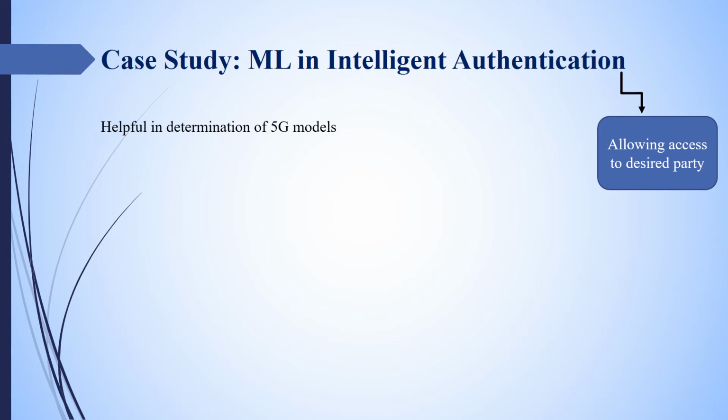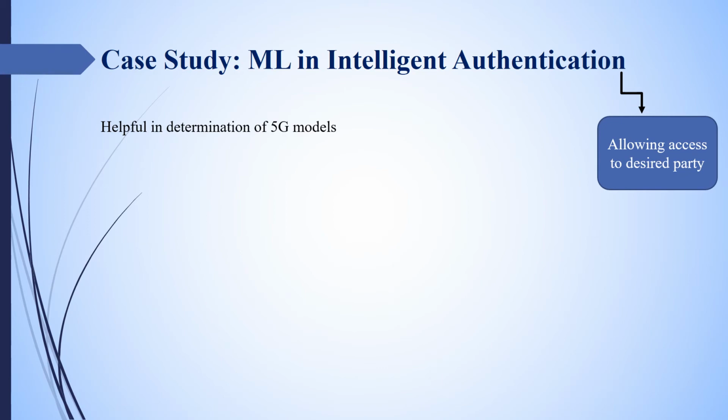These 5G models can be either physical models or statistical models. Both are very different. Physical models are those which depend upon some physical parameters. We have reflection, refraction, diffraction, scattering. These are some physical phenomena that happen and can interfere with 5G signals directly or indirectly.